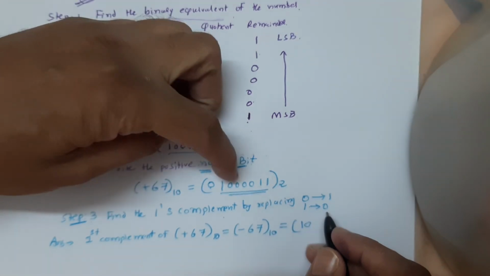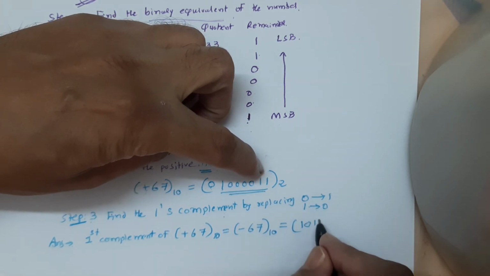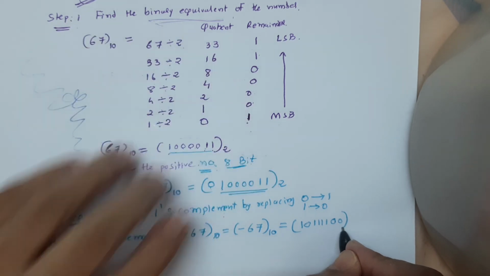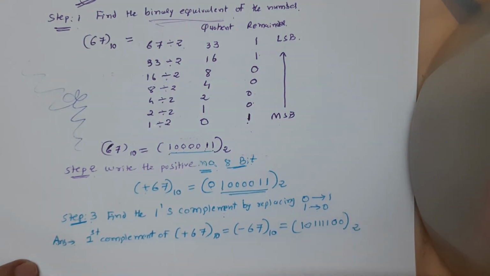So 1 0 1 1 1 1 0 0. This is your binary number.